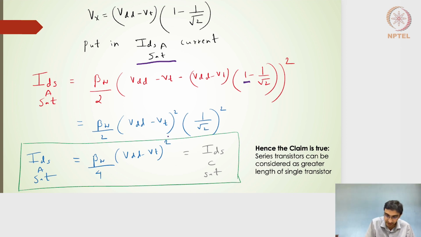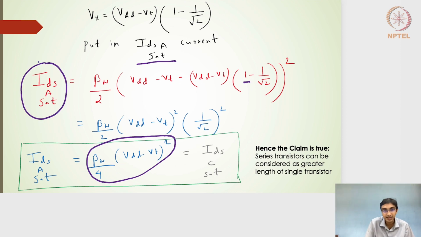And if you notice this particular expression, which we have derived for the current of transistor A by putting this particular Vx value, it turns out to be the same as the transistor C current.